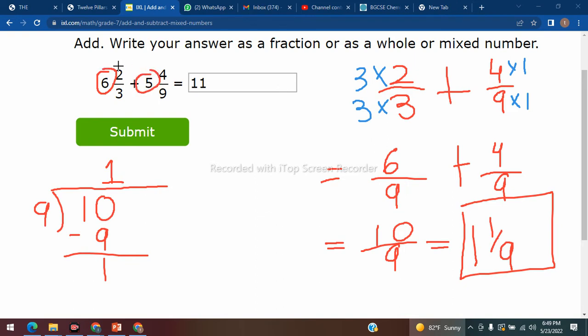We already have 11. But when you add this one, it's going to be 12. And then when you detach the 1 over 9, you get 1 over 9. So 12 and 1 over 9 is our answer.